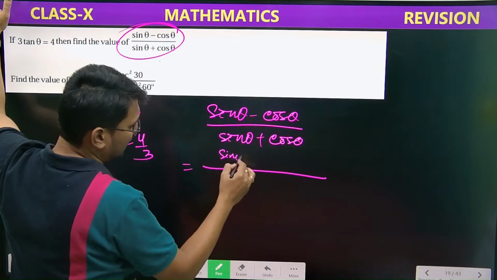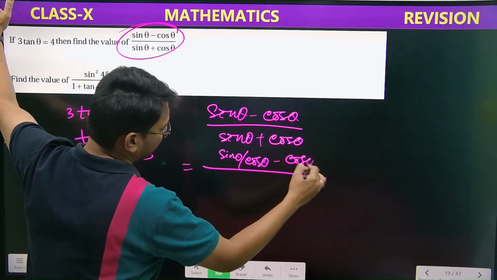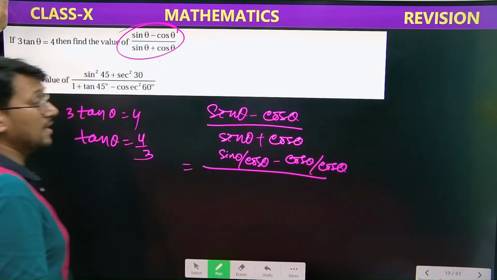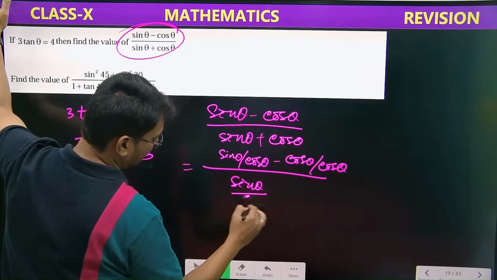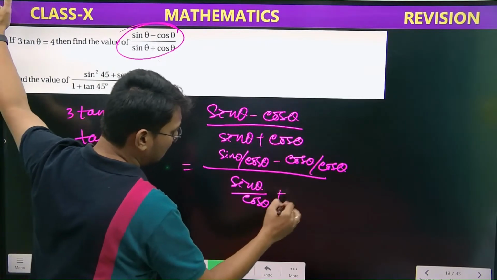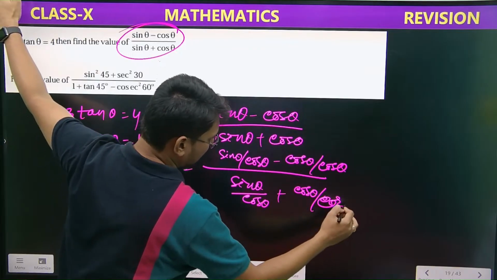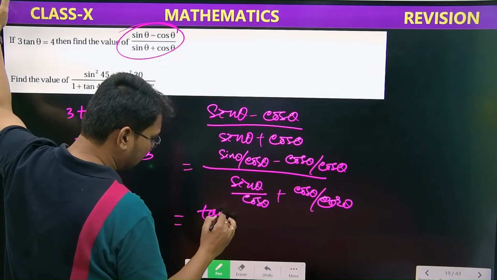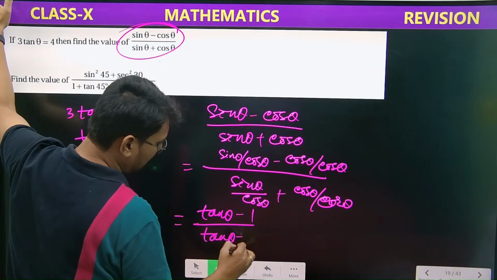So sin theta by cos theta minus cos theta by cos theta, divided by sin theta by cos theta plus cos theta by cos theta. So that equals tan theta minus 1 by tan theta plus 1.